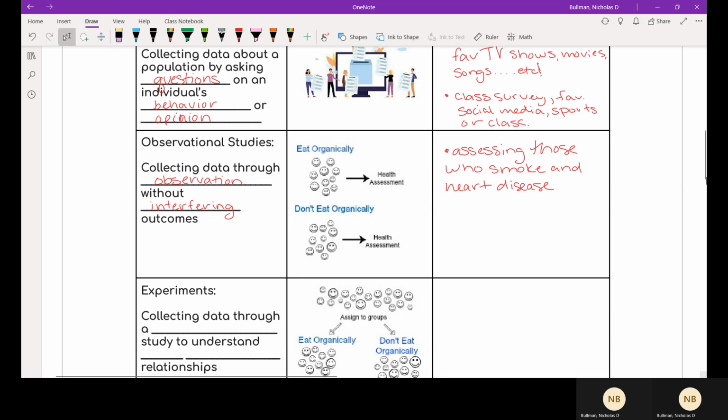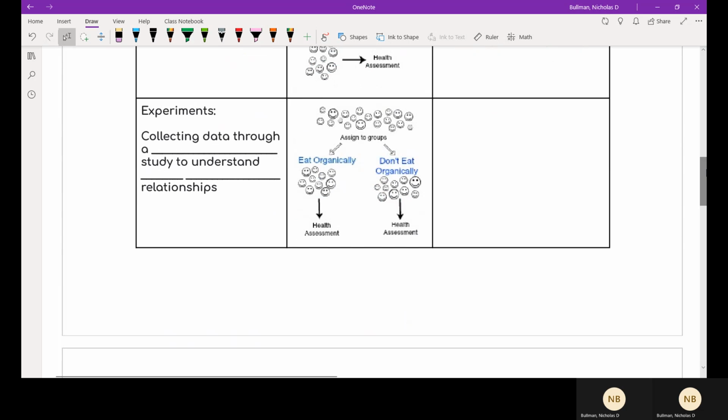They're just simply looking at those who smoke and seeing if they have heart disease or don't have heart disease. And then our third and final method is an experiment. I know you guys have all done types of experiments in your science classes.